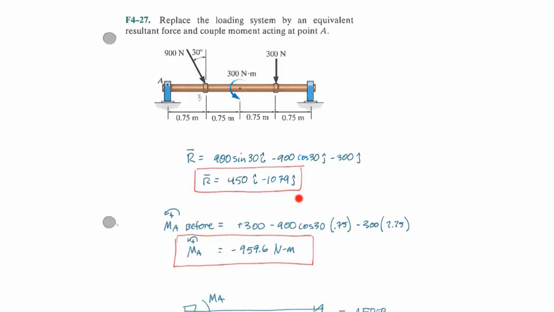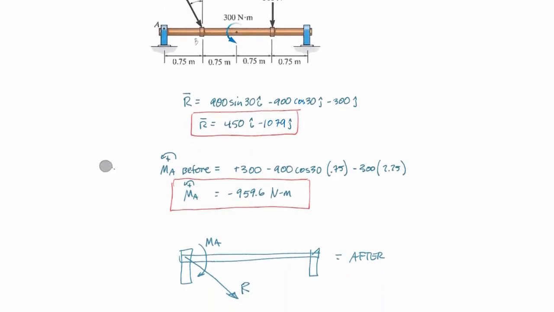I find the resultant force is 450I minus 1079J, the moment before. This cosine component will have a lever arm. This will have this lever arm, and then this will be a positive going the other direction. So this will be the total moment about point A, and we can replace that. That looks like that, the same kind of thing.